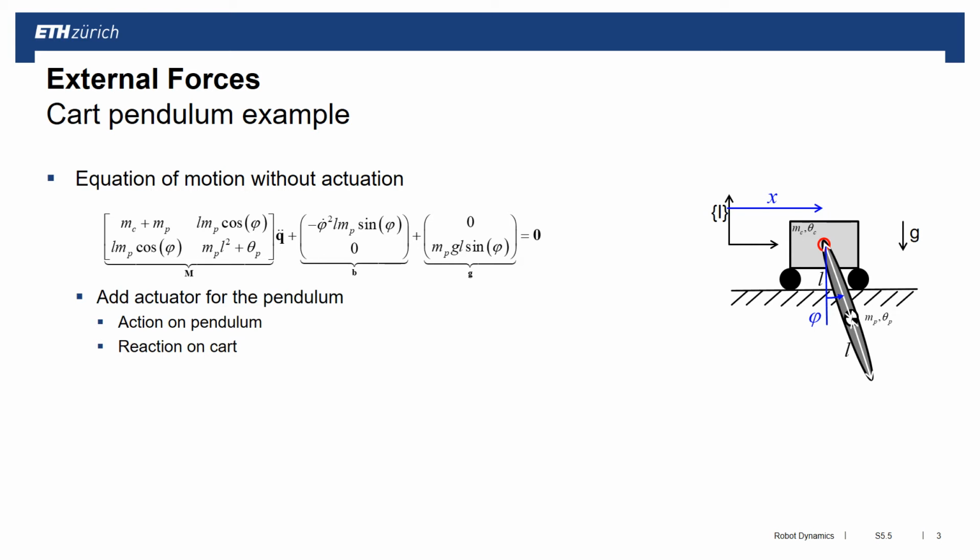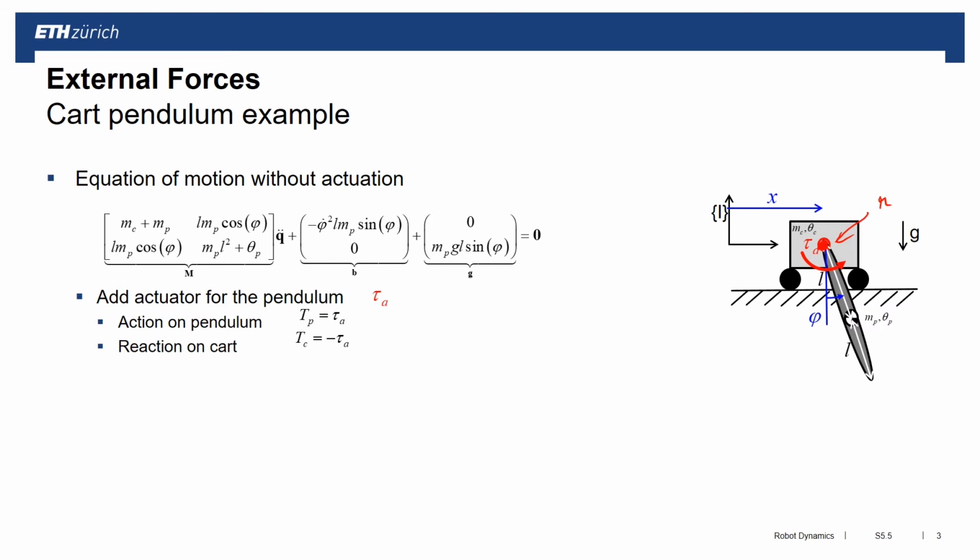Now we're introducing a motor. So this motor can produce an actuation torque, tau A, and this actuation torque produces a torque, Tp, acting on the pendulum, and it creates a reaction torque, Tc, acting on the cart, which is minus Ta.